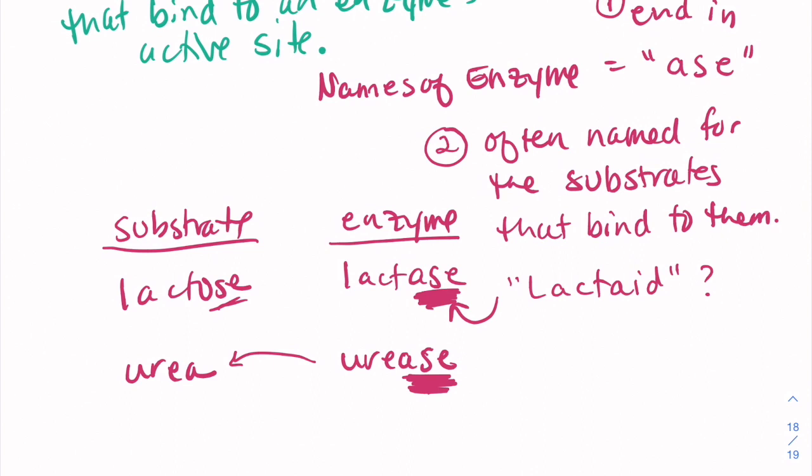If it's -ose, you know that it's a sugar, for example. Let's do another one. Sucrose is a sugar that is broken down by an enzyme called sucrase. That's because sucrose binds to sucrase's active site. So just that little tidbit right there is kind of the last word on enzymes for today.